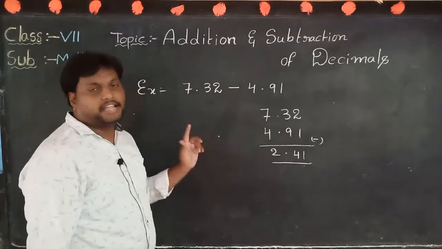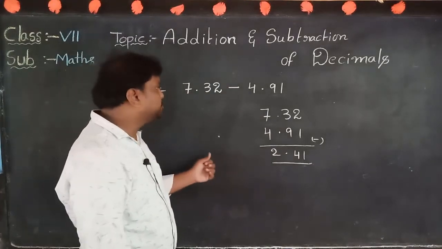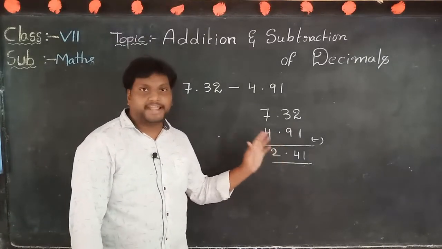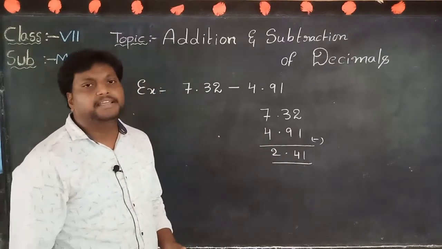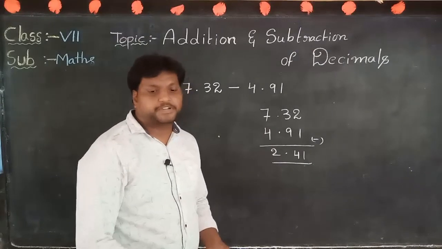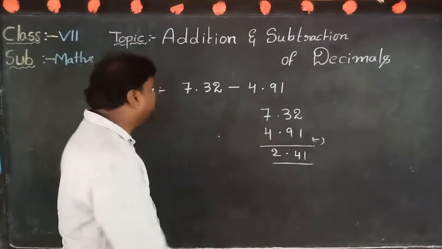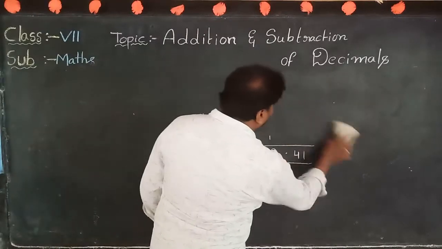Same as normal subtraction. In like decimals there is no problem, we can apply normal addition and normal subtraction. But in unlike decimals we have to check the decimal point.